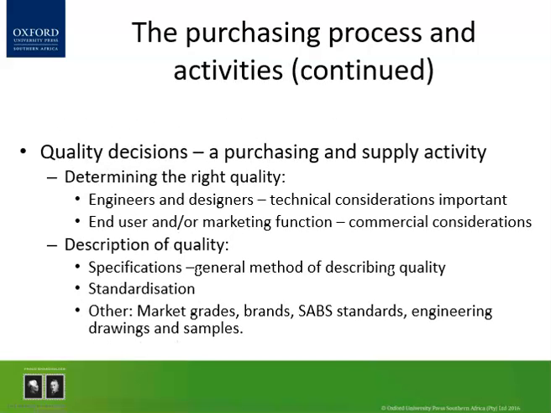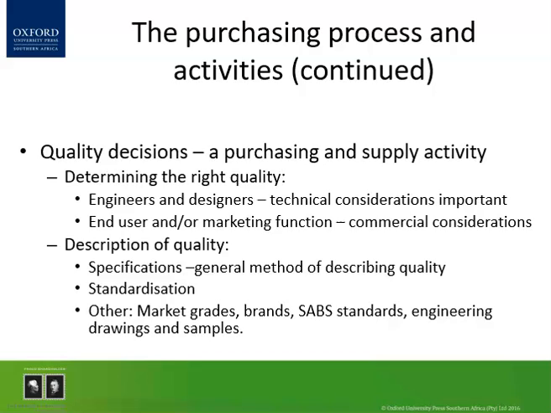So we are moving on with this chapter to look at quality decisions as a purchasing and supply activity. It is the responsibility of the purchasing and supply function to ensure that the materials, products or services sourced for the organization meet the quality expectations of the organization.